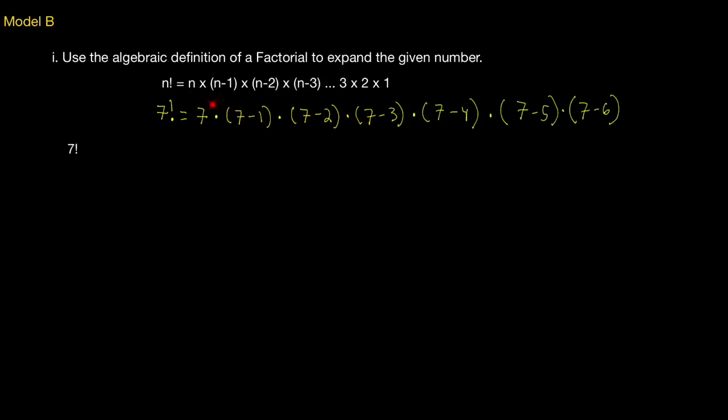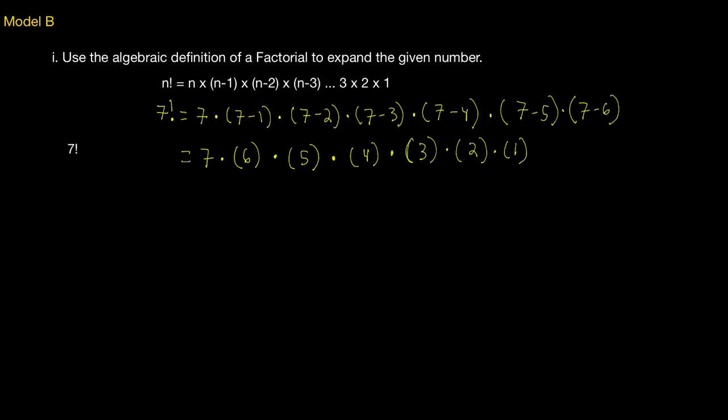Let's begin by simplifying all of this stuff here. So we have 7 times, well, 7 minus 1, that's going to be 6, times 7 minus 2, that's going to be 5, times 7 minus 3, that's going to be 4, times 7 minus 4, that's going to be 3, and then times 7 minus 5, which is 2, and then times 7 minus 6, which is 1.